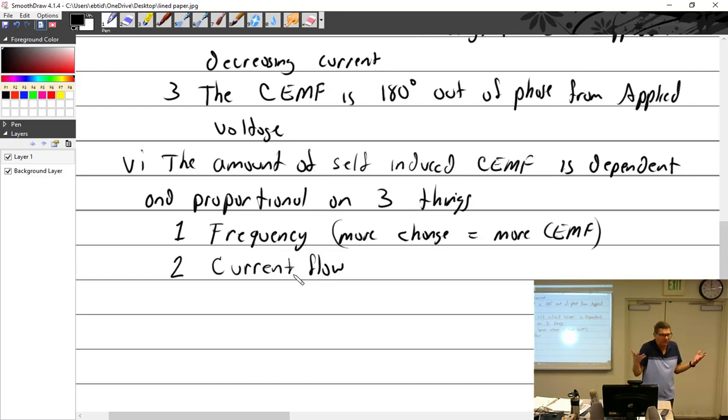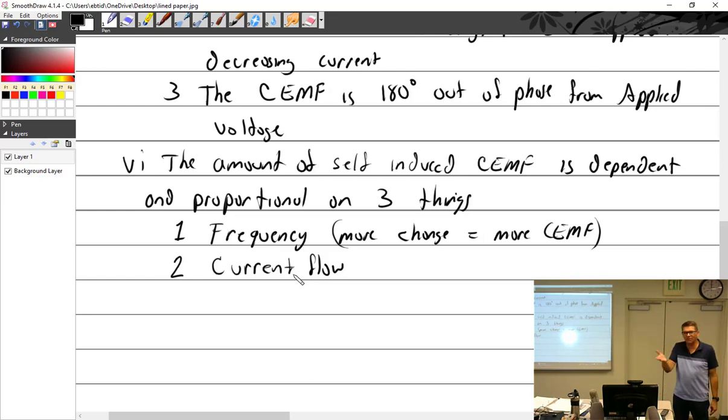So think about it. What created voltage to begin with? Yesterday we talked about it. You had to have a wire and a magnet, and then you had to have relative motion. The faster the relative motion, the more current you would build up. The stronger the magnet, the more current.